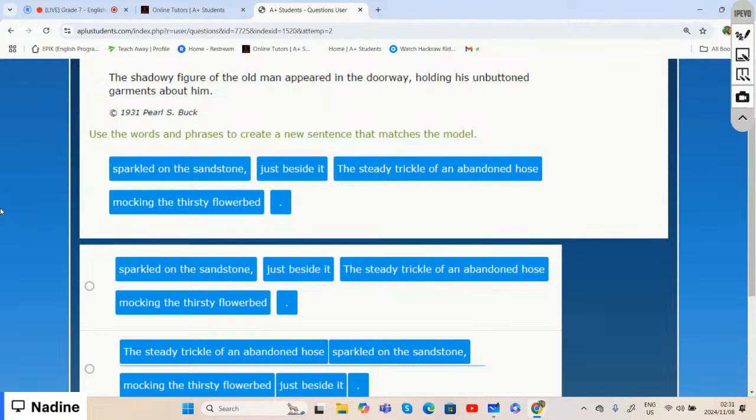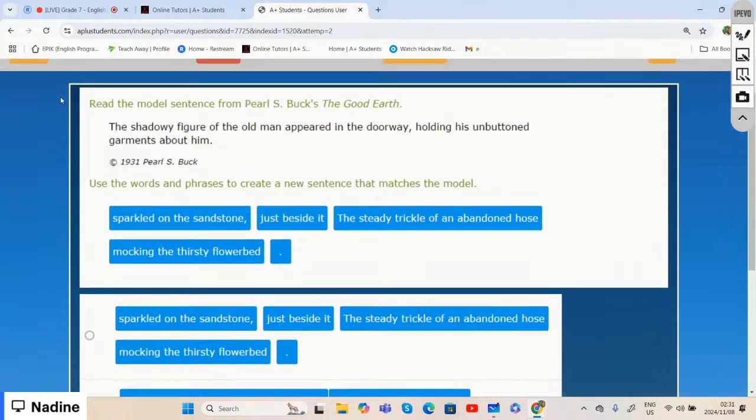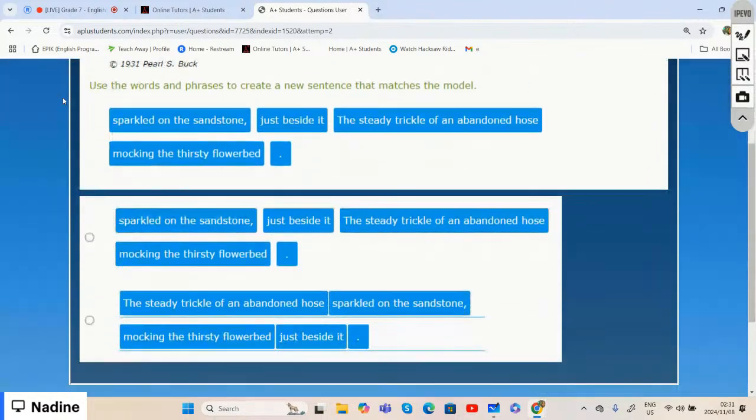All right. And if we were to look at the words in order to make something similar to the model sentence, then yes, we're going to start first with the steady trickle of an abandoned house sparkled the sandstone, mocking the thirsty flower bed just beside it.